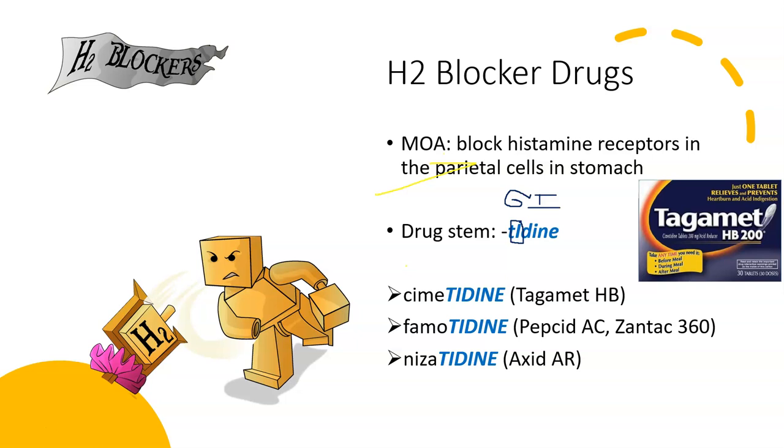So when they took that off the market, the people who used to sell it reformulated and now use famotidine, but they couldn't call it Zantac 75 or 150. They called it 360, which is like the whole picture, right? You got the whole circle. And then nizatidine is Axid AR for acid relief. So by adding those little parts at the end, it kind of helps you identify, well, what's this drug being used for?